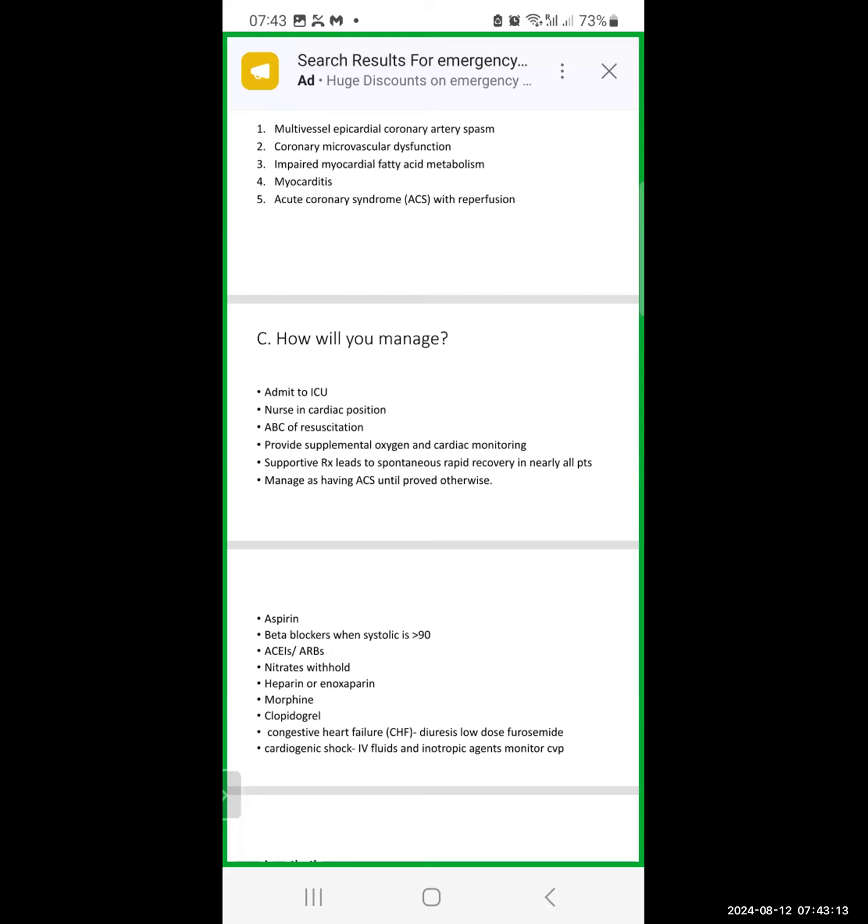So if you're sure about the diagnosis from the onset, you don't give inotropes at all. What you use in patients with takotsubo cardiomyopathy are pressor agents, pressor agents that do not have an inotropic effect on the heart.